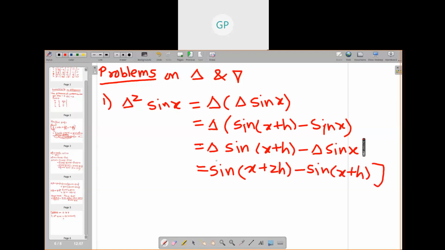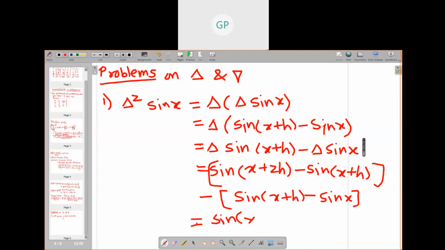Then delta sin of x is sin of x plus h minus sin x. So it is nothing but sin of x plus 2h minus 2 times sin of x plus h plus sin x. Sorry, plus sin x.